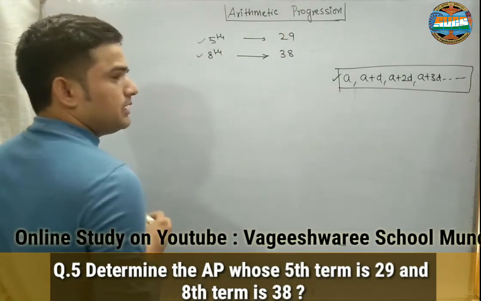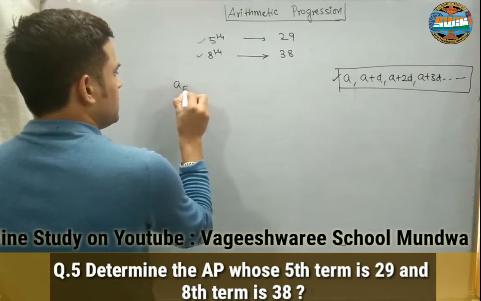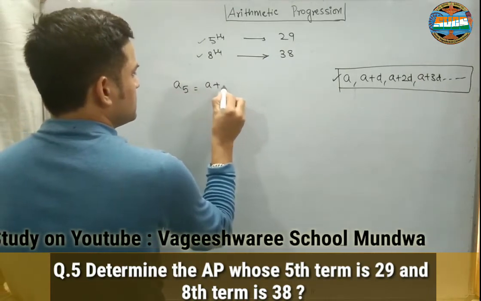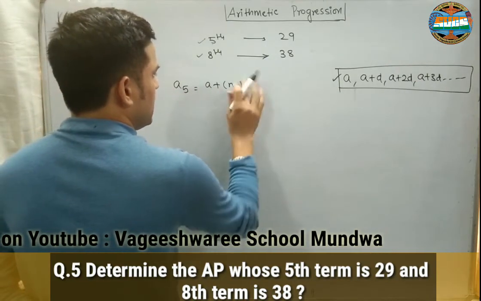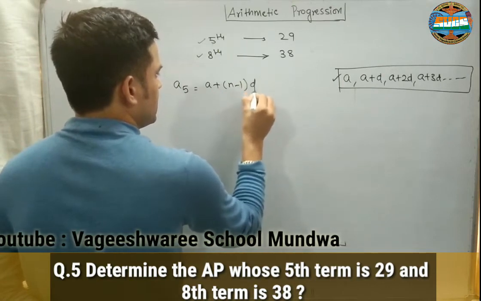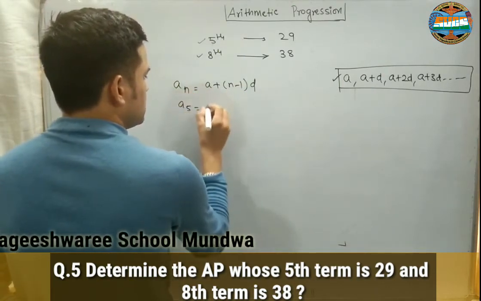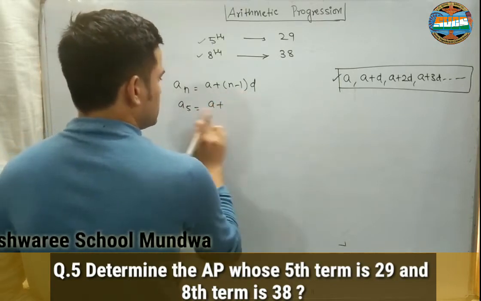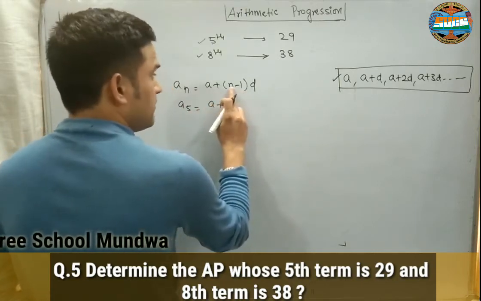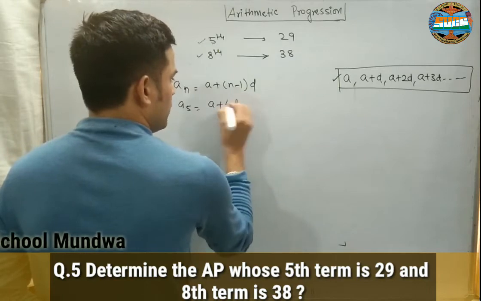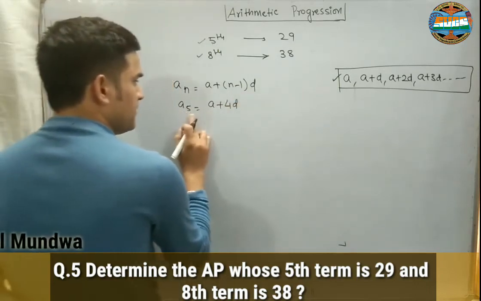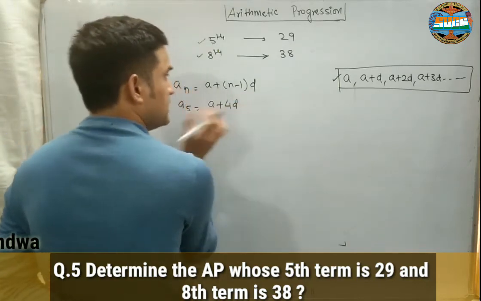Using the formula, the 5th term is A plus (5 minus 1) D, putting n as 5, which gives A plus 4D.